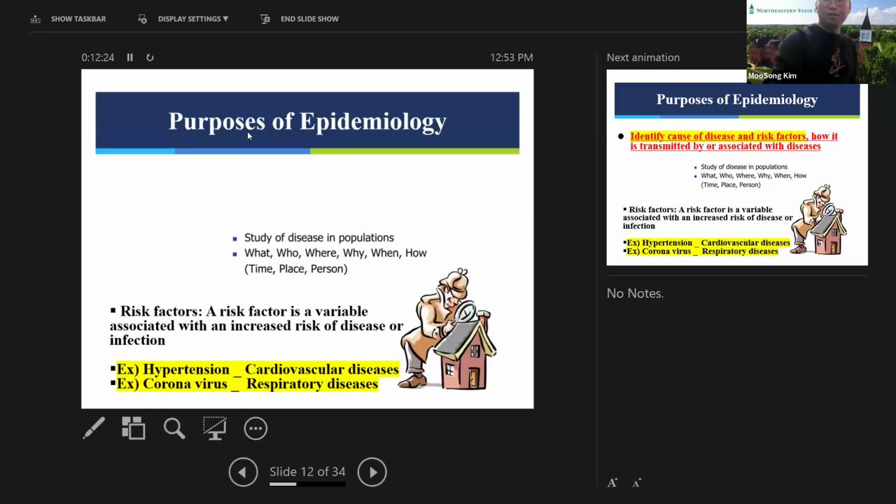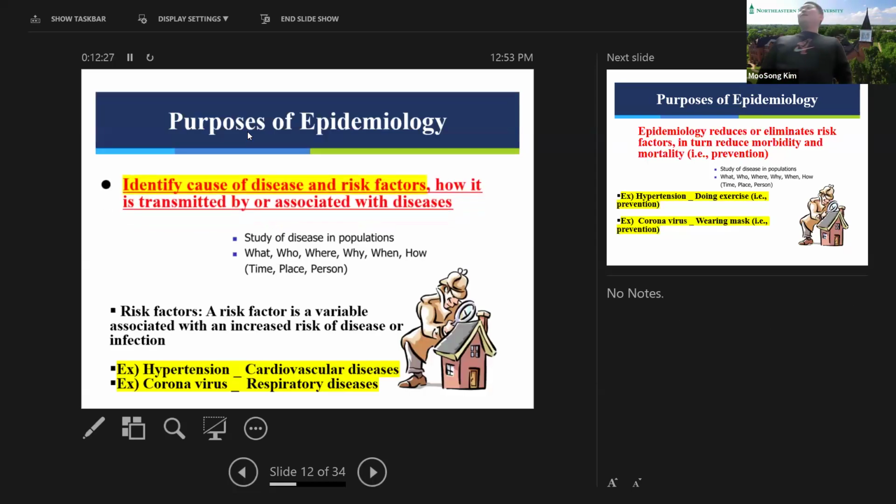So here is the thing. The purpose of epidemiology is to identify the cause of disease and risk factors. A risk factor is a kind of similar word to cause of disease. A risk factor is a variable associated with an increased risk of disease or infection.